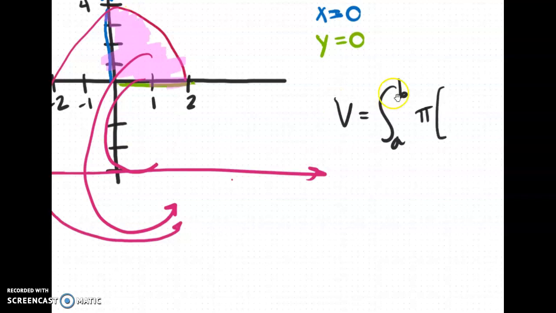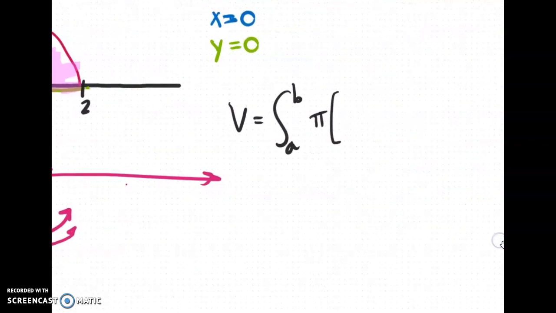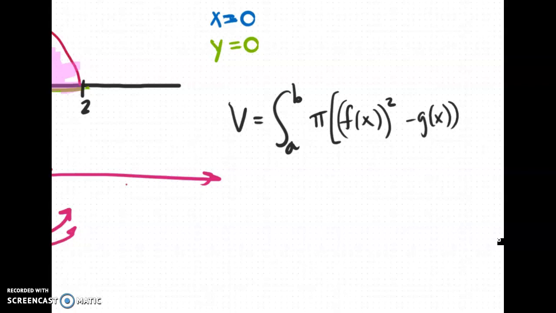And you can call it big R squared minus little r squared dx, or you can call it the top function squared minus the bottom function squared.